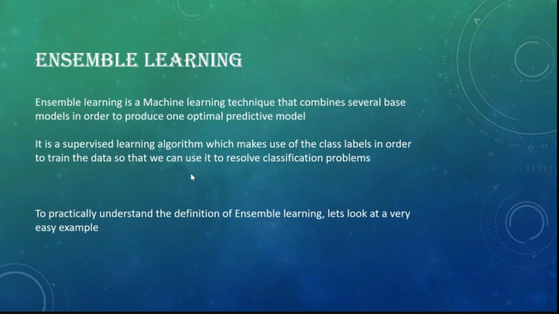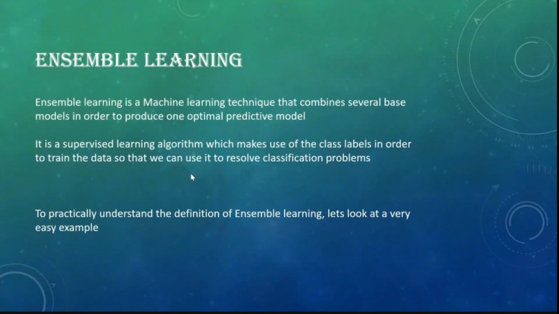It is a supervised learning algorithm because we have labels for which we are going to predict the different, predefined categories. It makes use of the class labels in order to train the data so that we can use it to resolve classification problems.